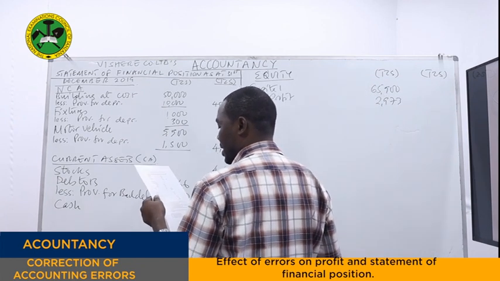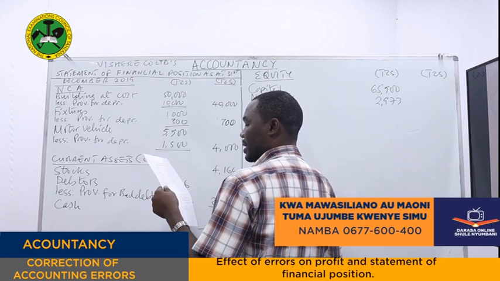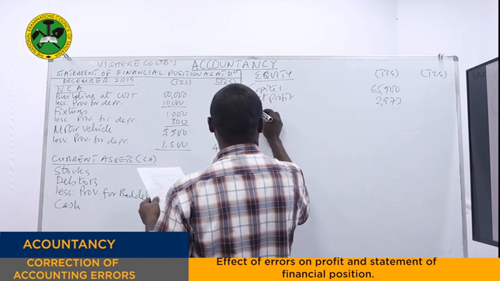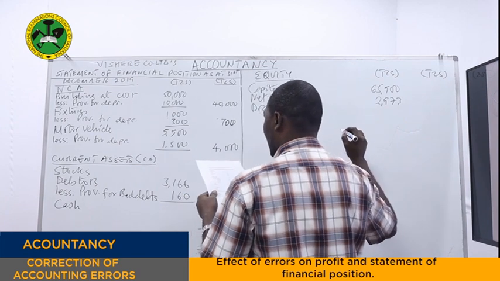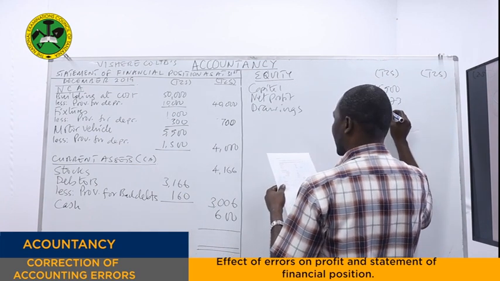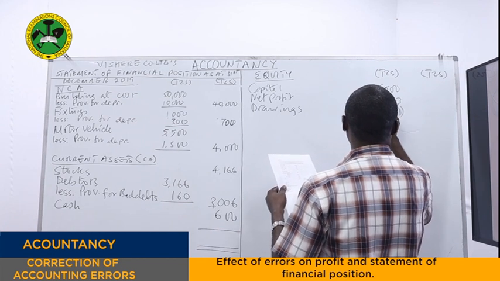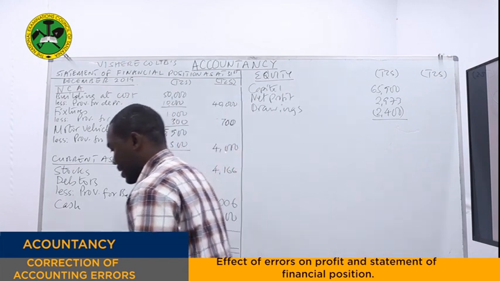But we are told that there were also drawings. Yes, drawings. Drawings reduce capital, 2,400. So you are going to deduct this. How much do we get?